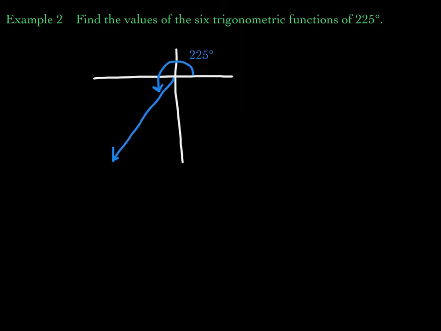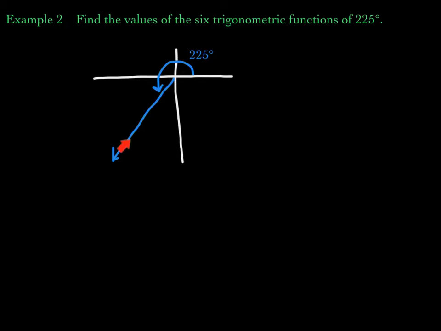Now, I am going to suggest that we choose the point on the terminal side that is root 2 distance from the origin. So choose the point on the terminal side such that the distance from the origin to the point is root 2 units away.